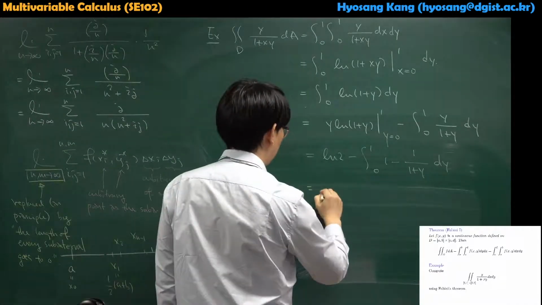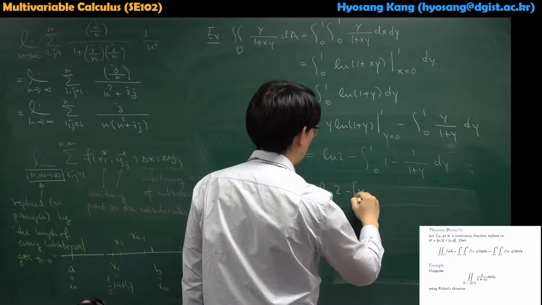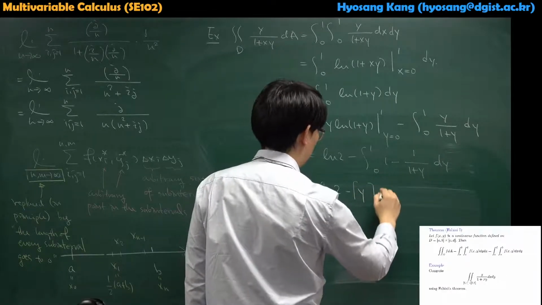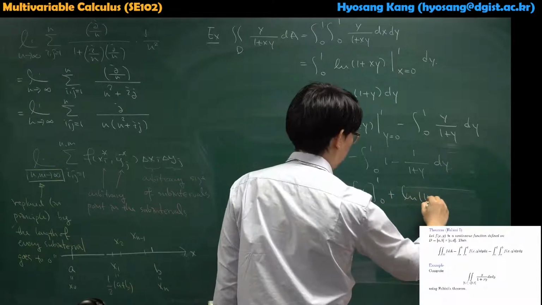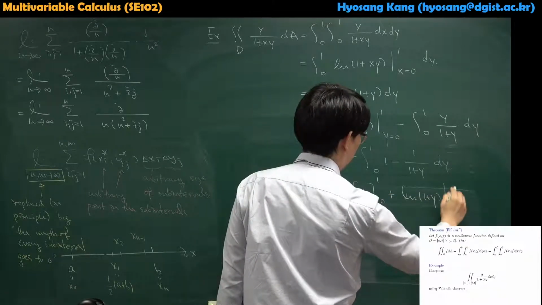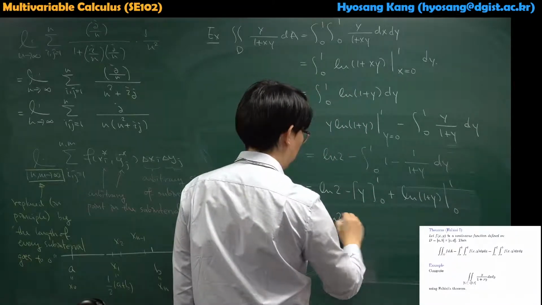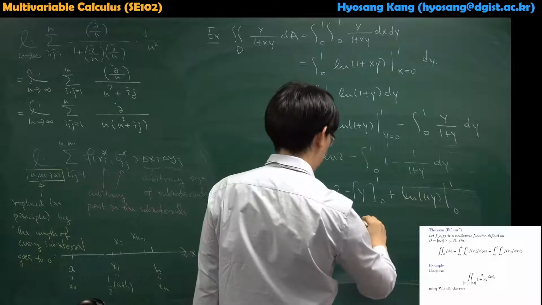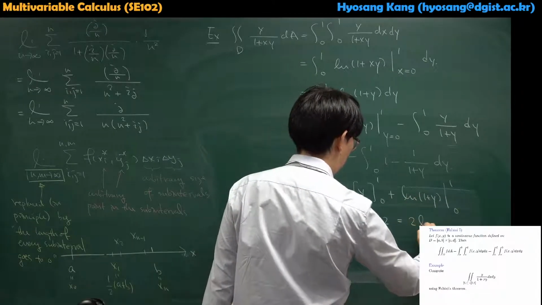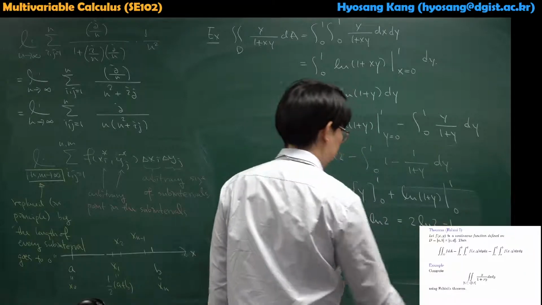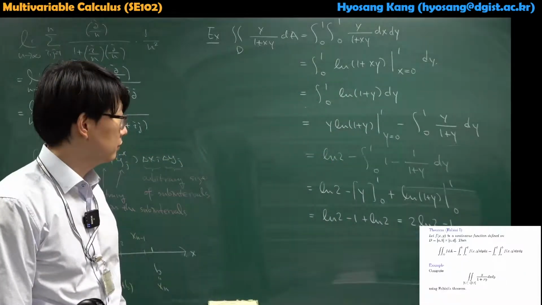So we have ln 2 minus y from 0 to 1 plus ln(1 plus y) from 0 to 1. So ln 2 minus 1 plus ln 2. So it's 2 ln 2 minus 1. Right?